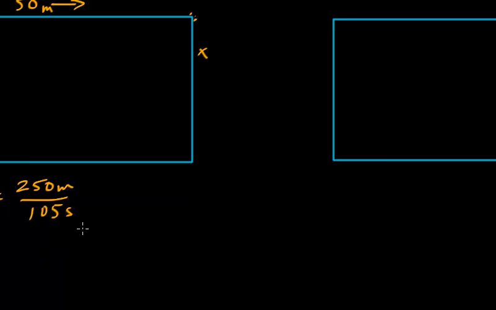And if we take 250, which I'm going to do on my calculator here, and divide it by 105 seconds, I will get 2.38 meters per second. So this would be a swimmer swimming a realistic speed of about 6.5 feet a second.